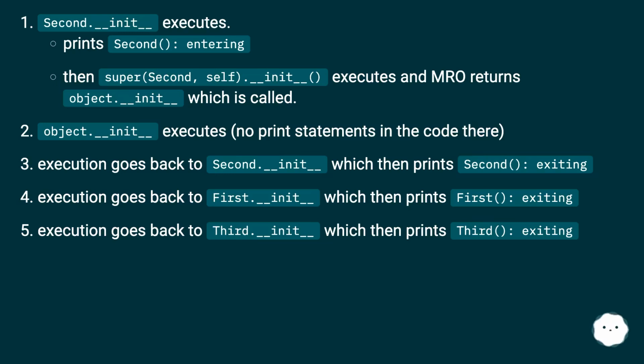No print statements in the code there, execution goes back to Second.__init__, which then prints "Second: exiting", execution goes back to First.__init__, which then prints "First: exiting", execution goes back to Third.__init__, which then prints "Third: exiting".